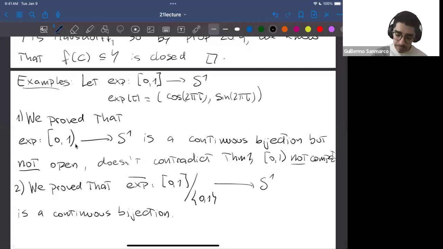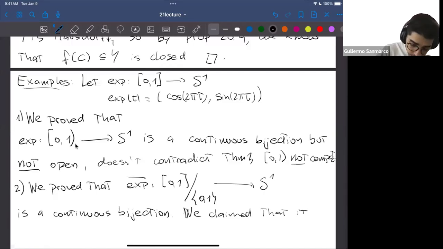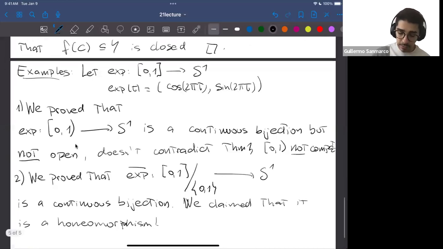And we also claimed, with no proof, that this function needed to be a homeomorphism. And now we know it's true.